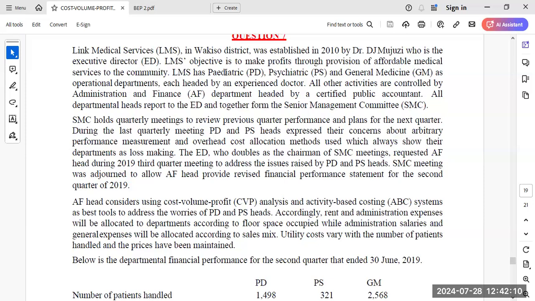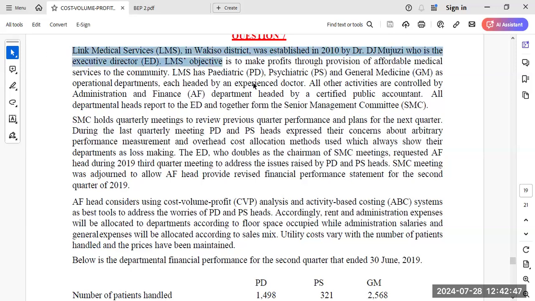This Link Medical Service has PD, PS, then also GM as operational departments, each headed by an experienced doctor. All other activities are controlled by the administration and finance department, headed by a certified public accountant. All departmental heads report to ED and together form the senior management committee.